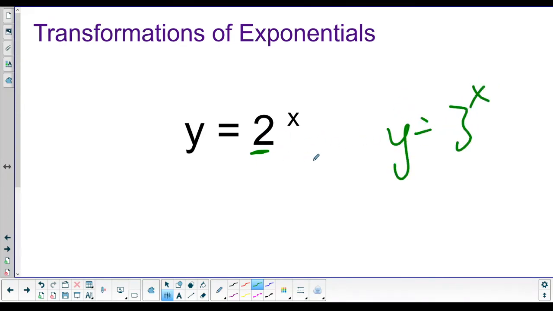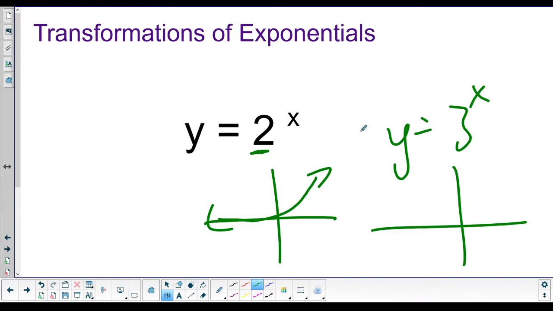That's not a good transformation to have. This is not really something we want to worry about. Okay. All this does is if this is y equals 2 to the power of x, if you change your base to a bigger number, it just makes this a lot steeper.